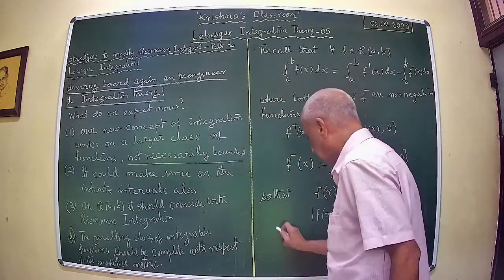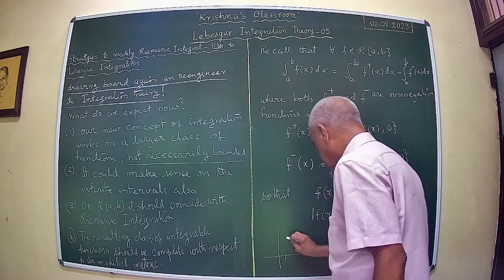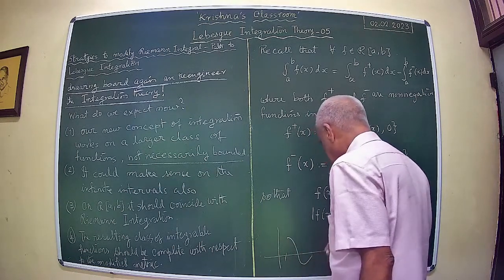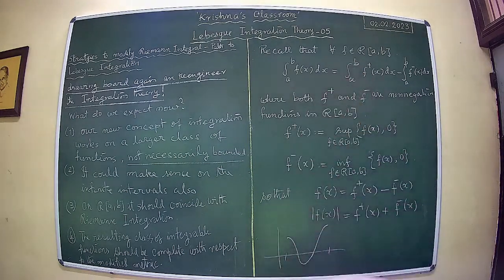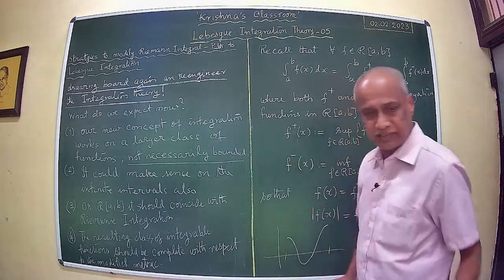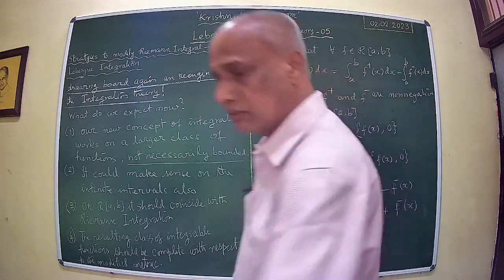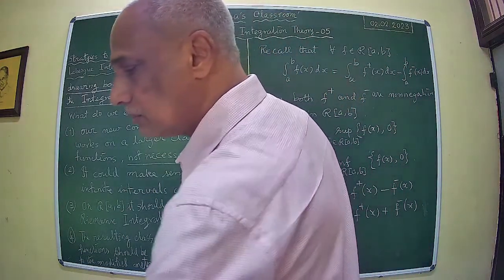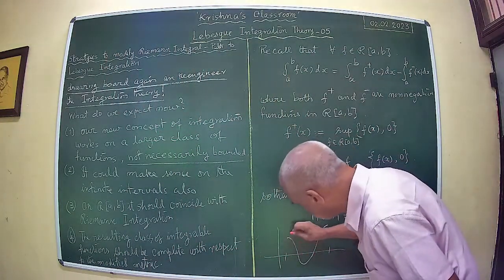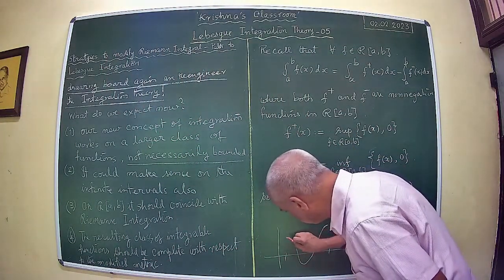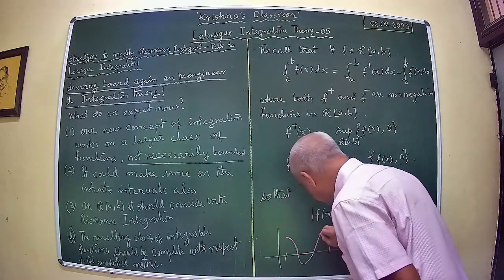In fact, a graph of this would make things clear. Suppose you have a function like this. Suppose f is like that. Then you see that f plus is this one. This is your f.